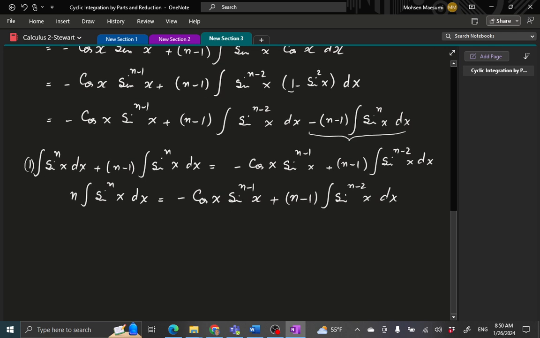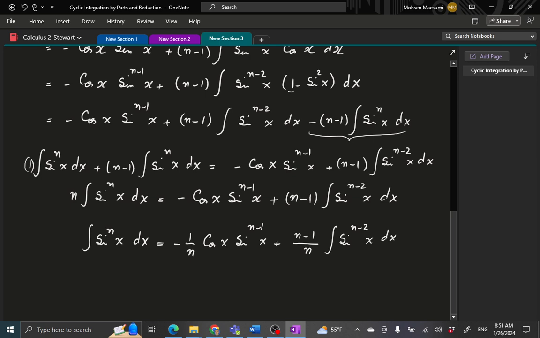All that is left to do is divide by n. So we recover our integral of sine to the power of n of x dx, which is equal to minus 1 over n cosine of x sine to the power of n minus 1 of x, plus n minus 1 over n times the integral of sine to the power of n minus 2 of x dx. So what happened?